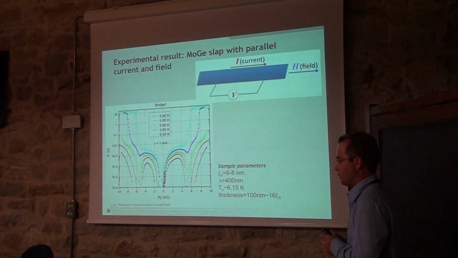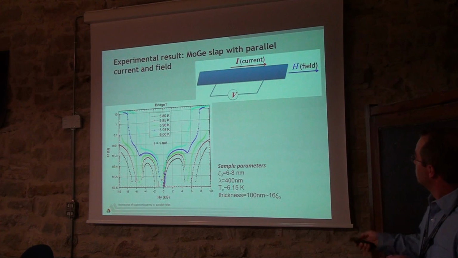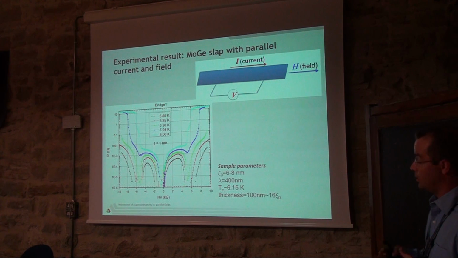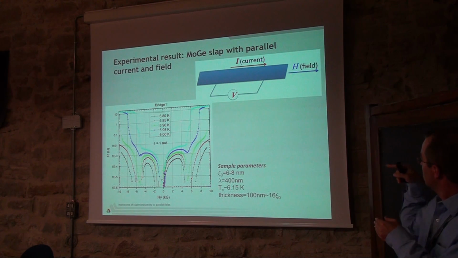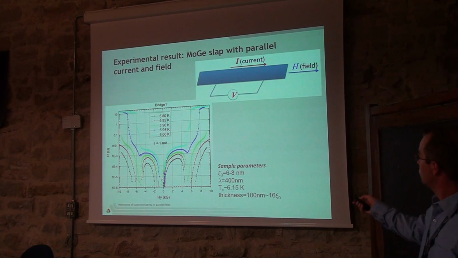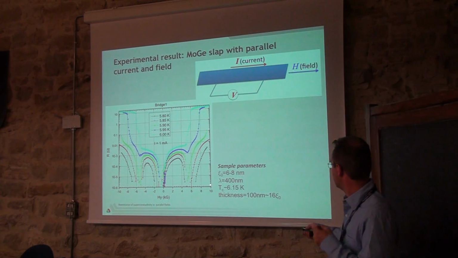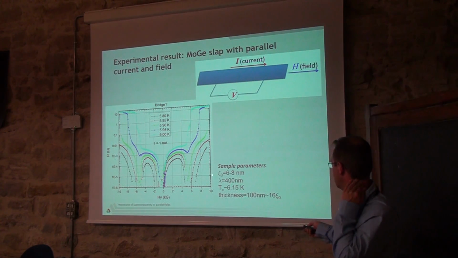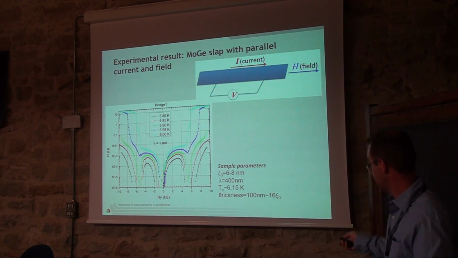So now I will finally come to the experiment which we were interested in to study. In the group of Zili Zhao, they made an experiment, again, where you apply a current and magnetic field in parallel to a molybdenum germanium sample. And the parameters of these samples are given here. So the thickness of this slab is about 100 nanometers.